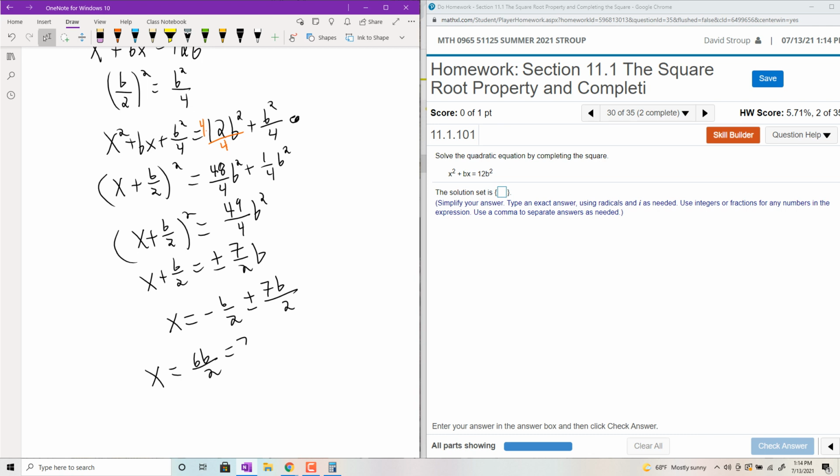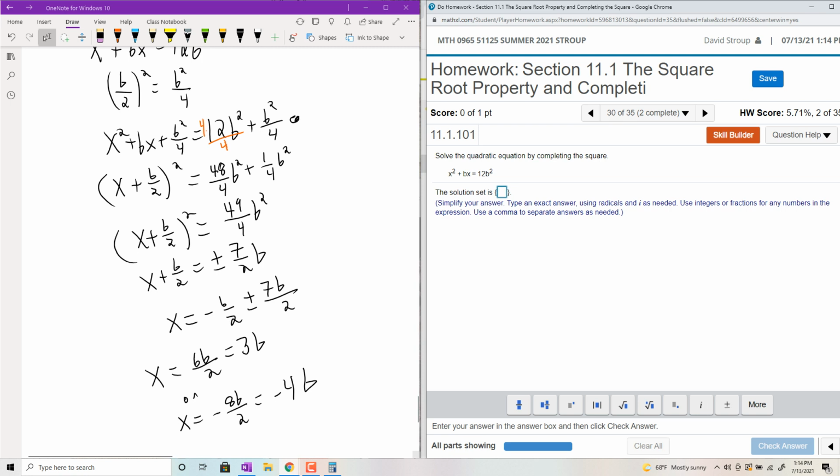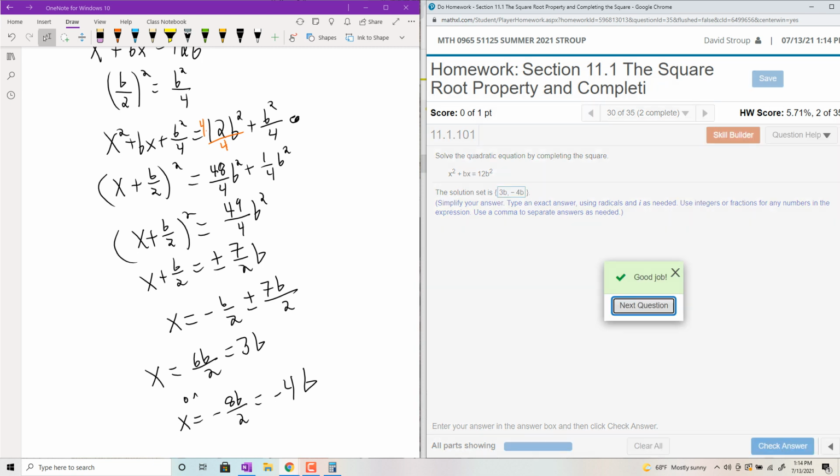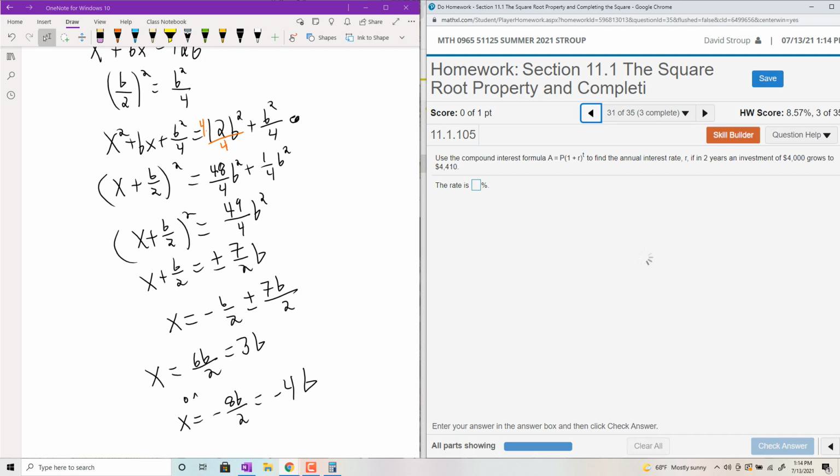So we have 3b, or x is equal to negative b over 2 minus 7b over 2 is negative 8b over 2, which is negative 4b. Okay. Okay, so 3b comma negative 4b. Okay.